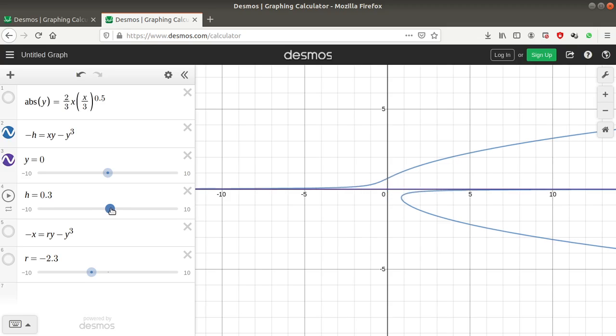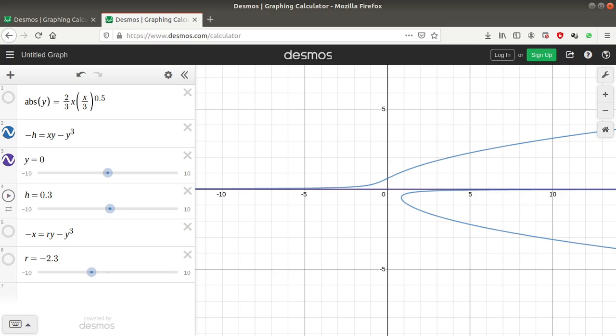If we had an imperfection, this branch will be stable here, and it will continue to be stable on this side as well. This branch will also be stable, while from this point this branch will be unstable. So that's the imperfection in the supercritical pitchfork bifurcation.